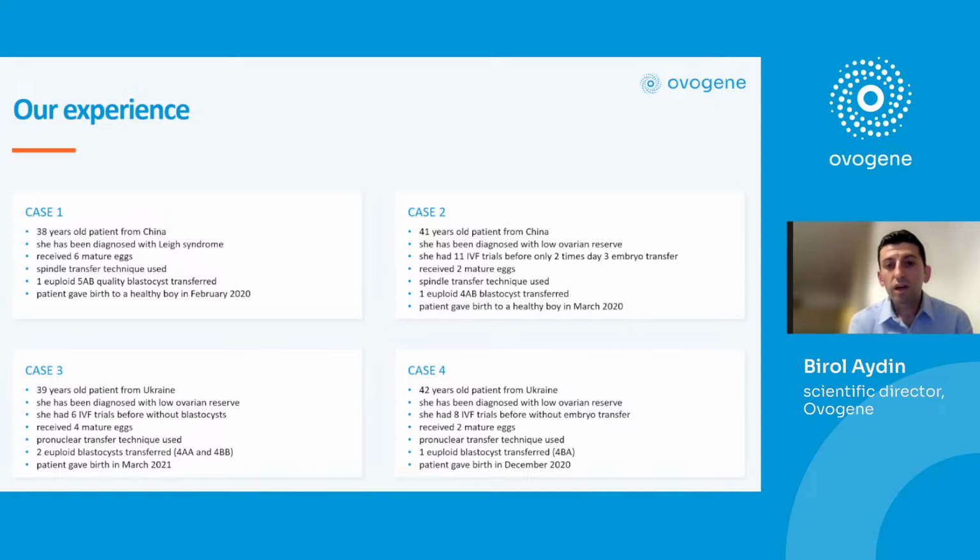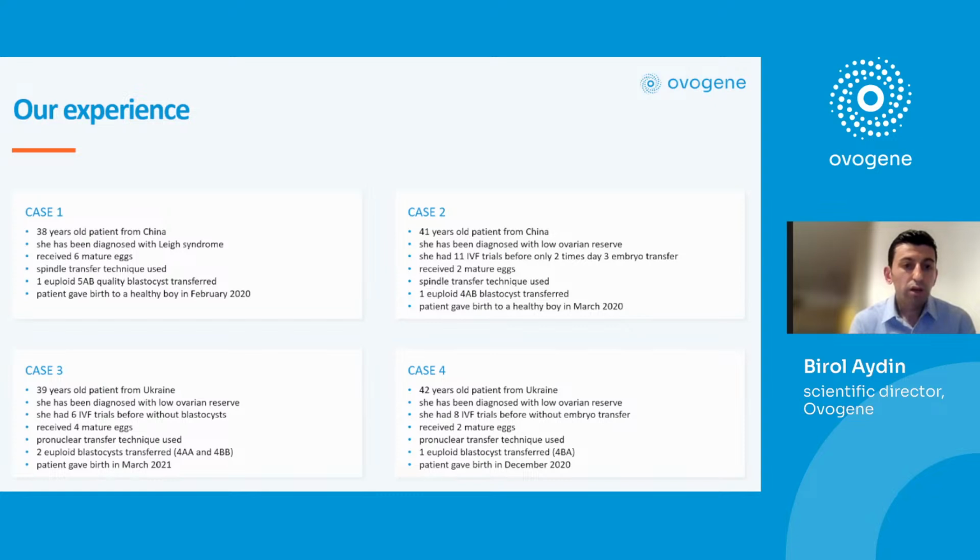Another case, again from China, with low ovarian reserve and advanced maternal age, 41 years old, with 11 IVF trials before and never any blastocyst. We transferred, with the spindle technology, one euploid 4AB blastocyst, and she also gave birth to a healthy boy in March 2020.